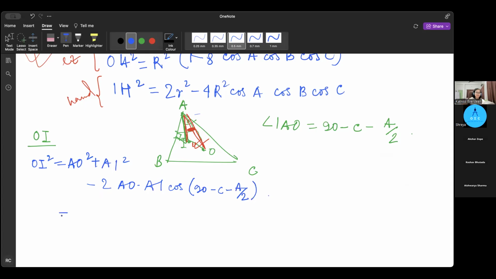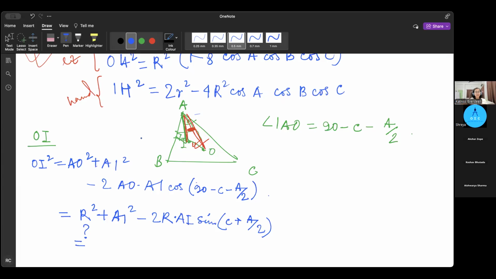And this is just R squared plus AI squared minus 2R AI times cos of 90 minus C minus A by 2, which we can write as sine of C plus A by 2. Cos of 90 minus theta is sine theta, right? So this is sine of C plus A by 2. Is it clear up to this? Yes.